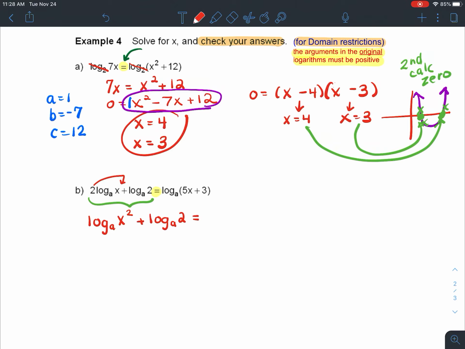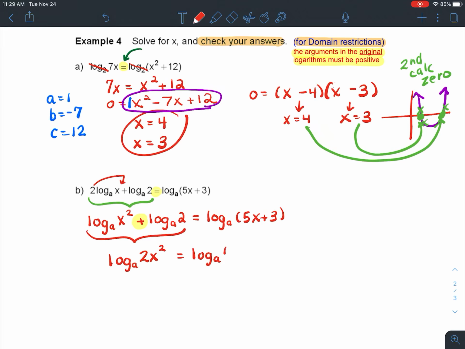So I'm going to pull that on up. I don't need to do anything over here on the right side, so I'm just going to recopy that down. Now I'm going to pay attention that I'm adding these 2 logarithms. When I add logarithms, I'm technically going to multiply the arguments. So I'm multiplying x squared and 2 so that the argument is 2x squared.